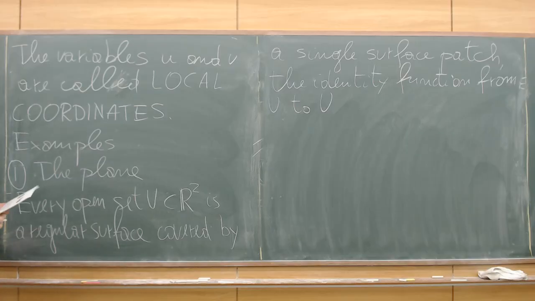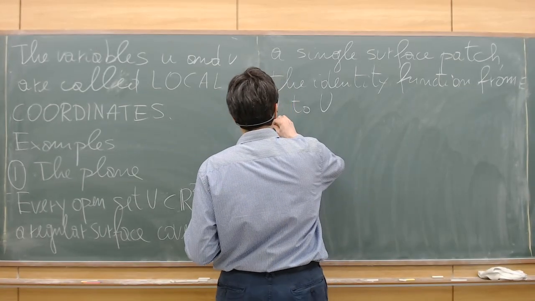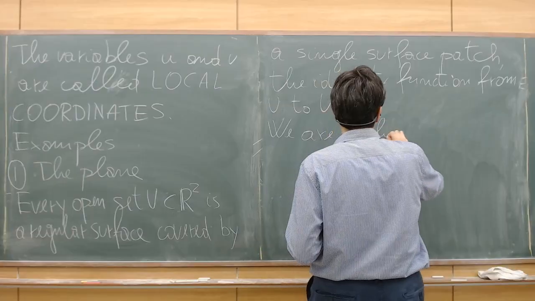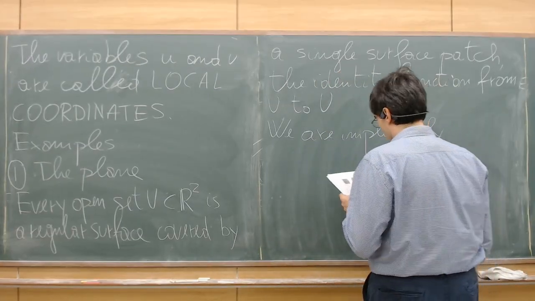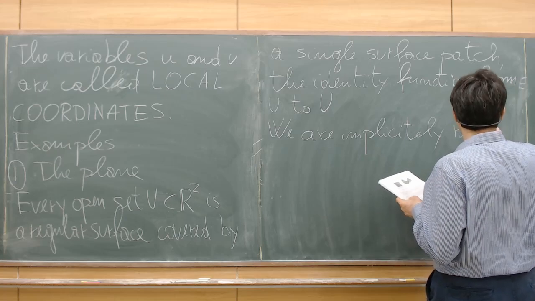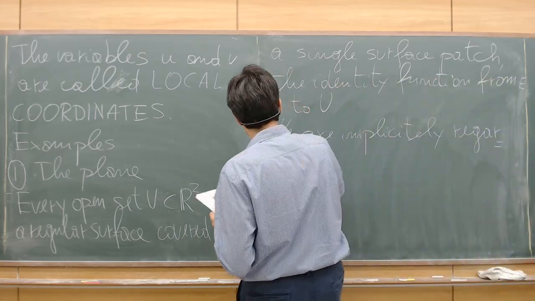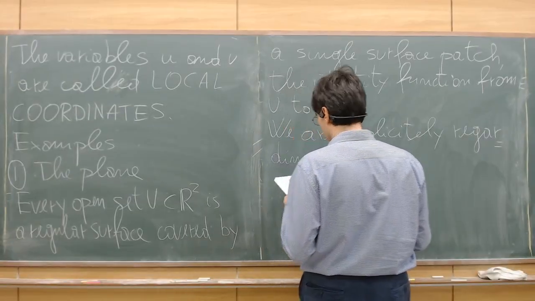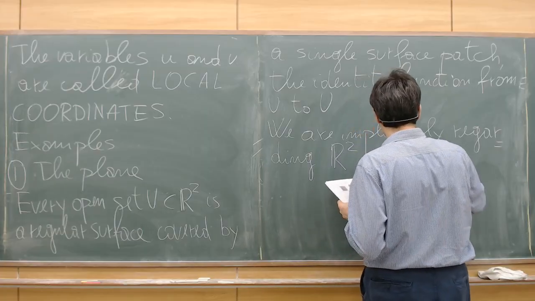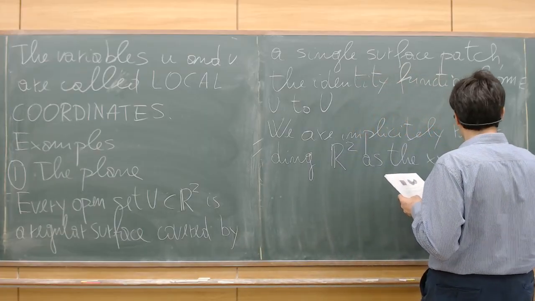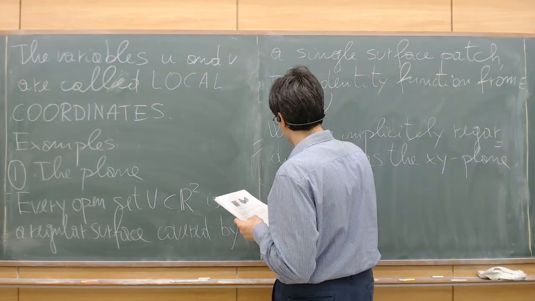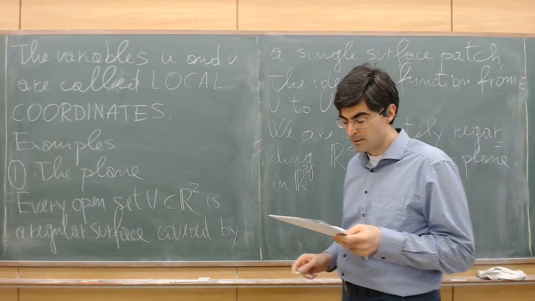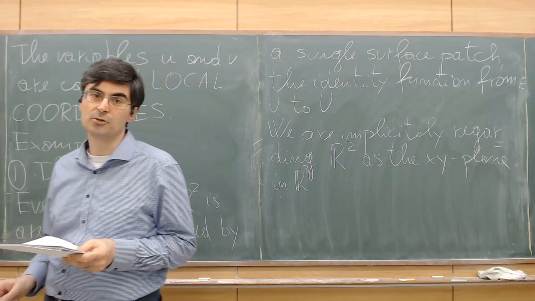Please observe that we are implicitly regarding R2 as the xy plane in R3, and the reason for this is that according to the definition we gave, only subsets of R3 can be regular surfaces.